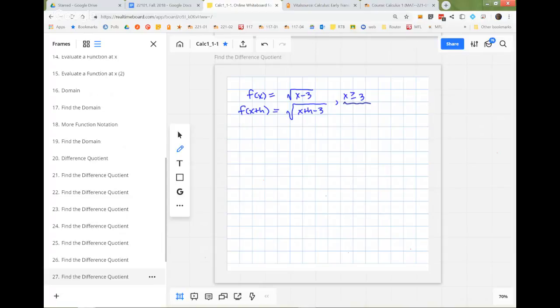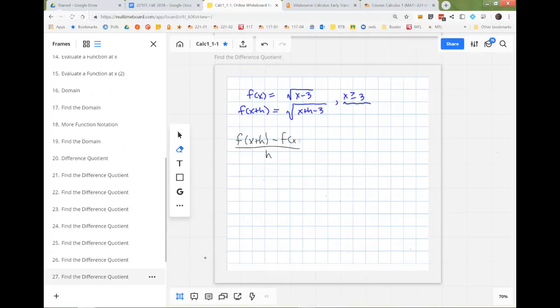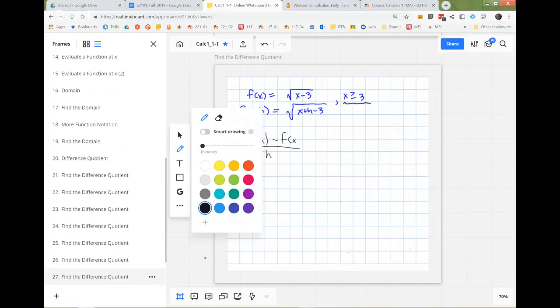So what's a difference quotient? A difference quotient is, again, you need to find f of x plus h minus f of x all over h. You guys have to memorize that. That's what a difference quotient is. By the way, that's supposed to be a parenthesis.